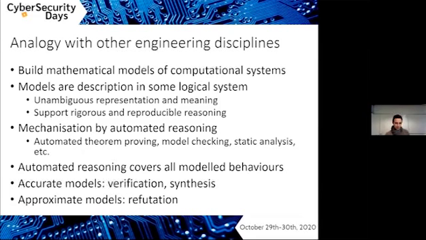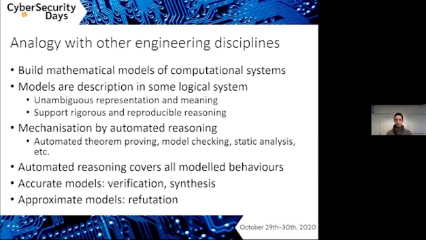We have very strong mathematical models of computational systems. We can use those models, that are usually rooted in some logical system to give some unambiguous representation and meaning to what we are describing, and use that to build and reason about our systems. We have tools that can mechanize this reasoning fully or partially.